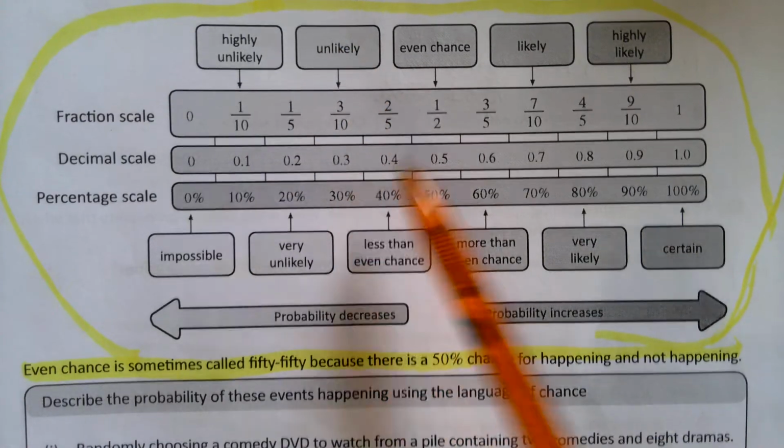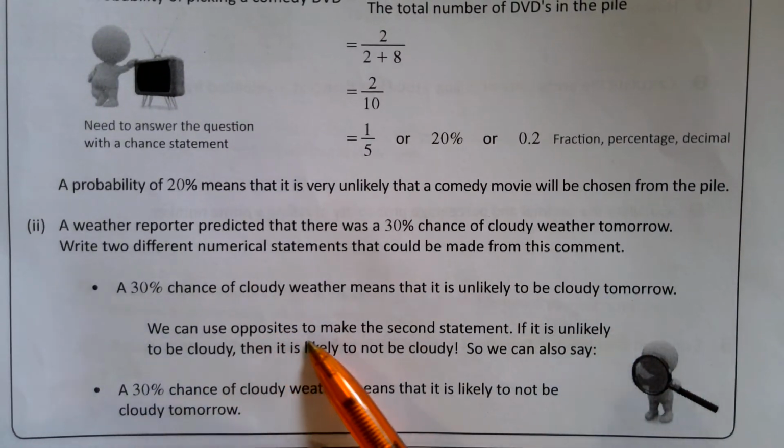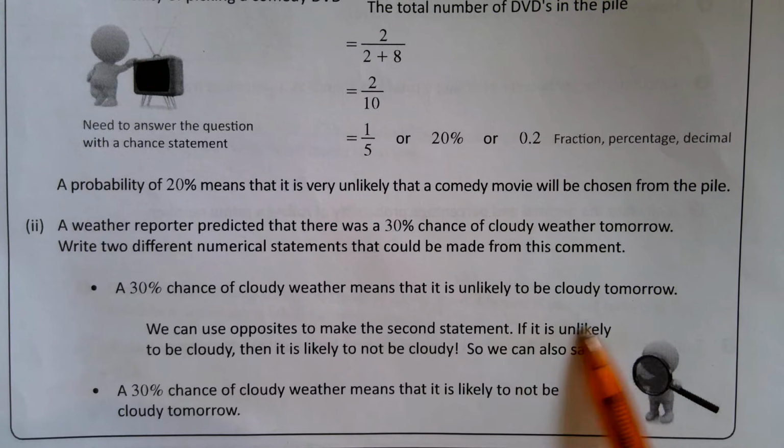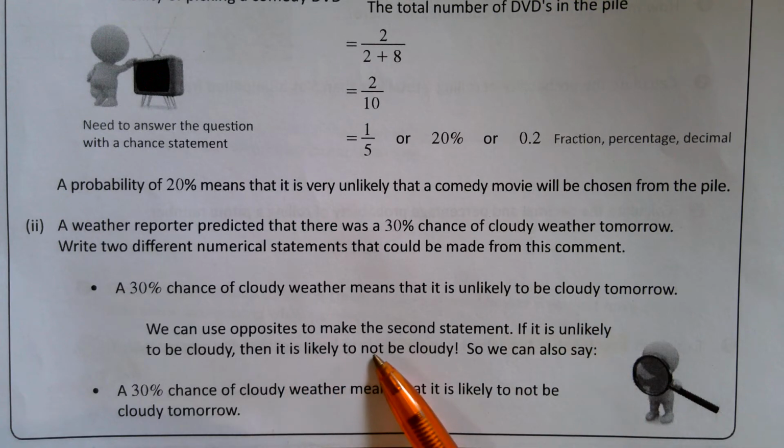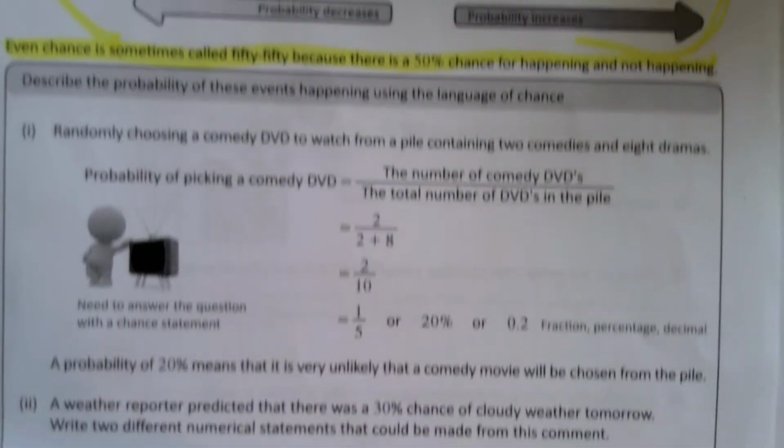We're referring back to this diagram. Simple as that. We can use the opposite, of course. It is unlikely to be cloudy, then it is likely to not be cloudy. So 30% chance of cloudy weather means it's likely to not be cloudy tomorrow. It's only a 30% chance, so probably less than even chance of happening.